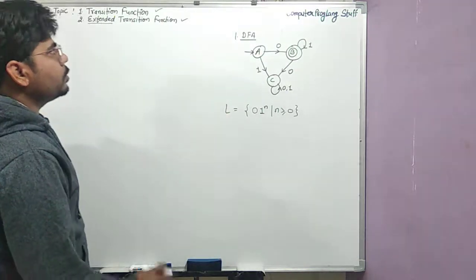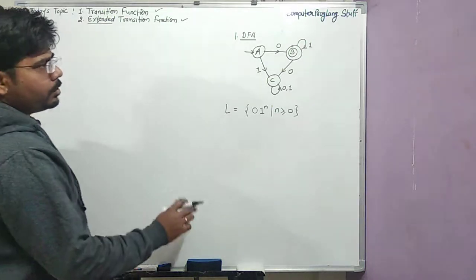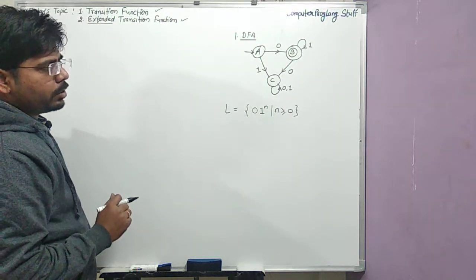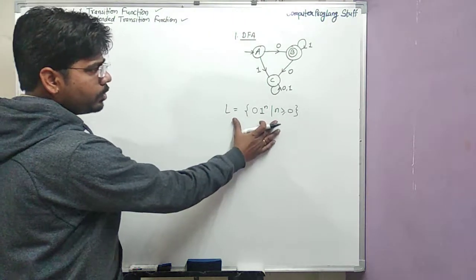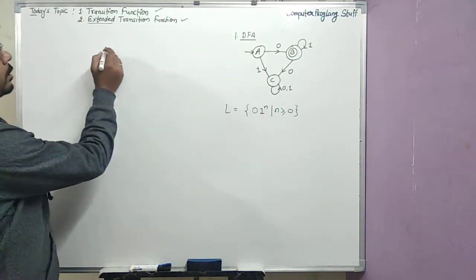Okay, so in this extended transition function, what we are doing is, if you want to show whether the given input string is a part of this language or not, how can we show this?